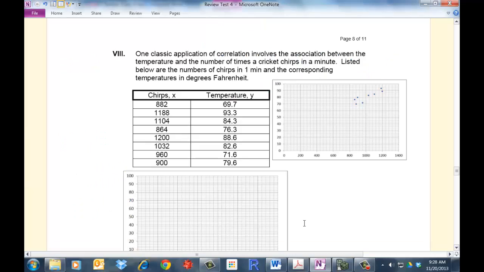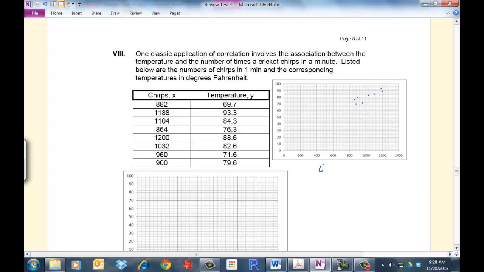Okay, one classic application of correlation involves the association between the temperature and the number of times a cricket chirps in a minute. Listed below are the numbers of chirps in 1 minute and the corresponding temperatures in degrees Fahrenheit. So that's what I've done. I've got a plot over here. Part A says create a scatter plot of the data.